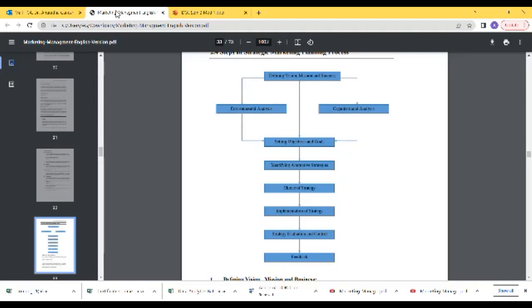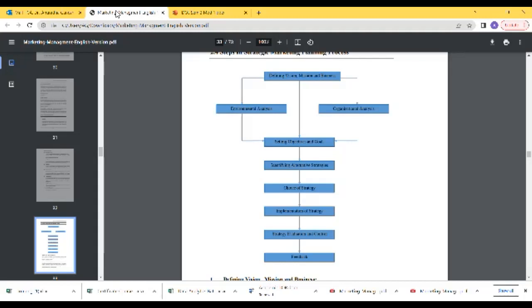Environmental analysis involves doing analysis of both the internal as well as external environment, which affects the business. And organizational analysis talks about analyzing the strengths and the weaknesses which the organization has with respect to the competing environment and with respect to the business environment.